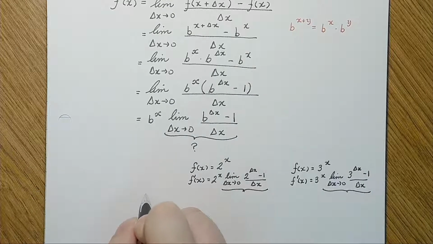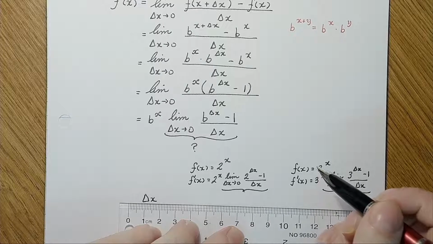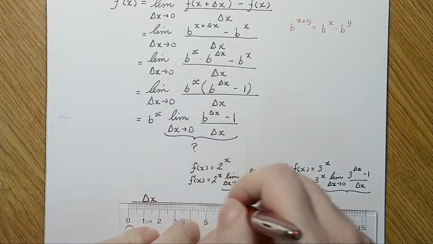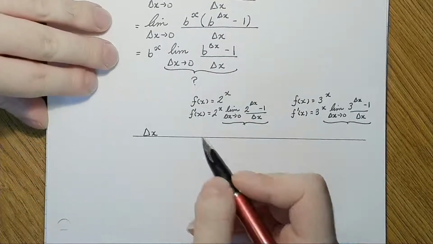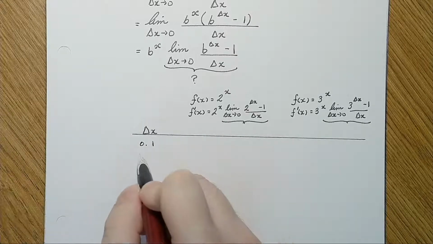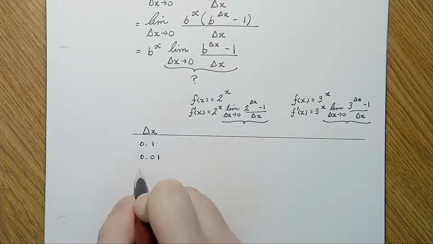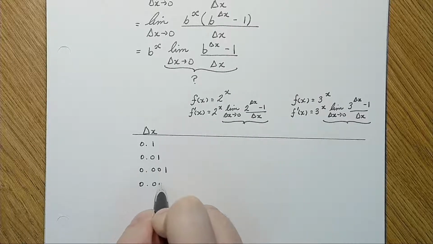So what we'll do is create a little table. Those are the values that we're interested in. We'll do it for 0.1, 0.01, 0.001, and 0.0001.